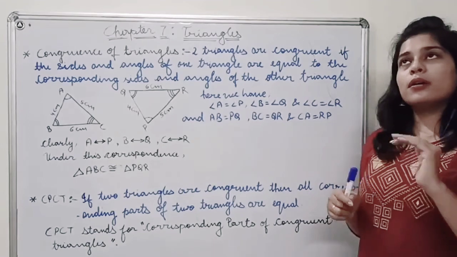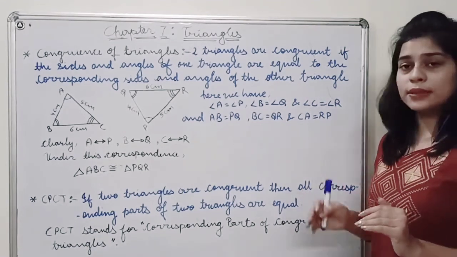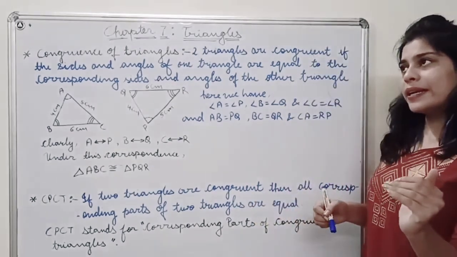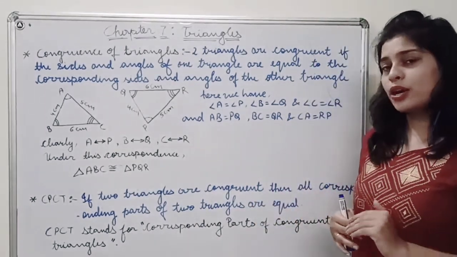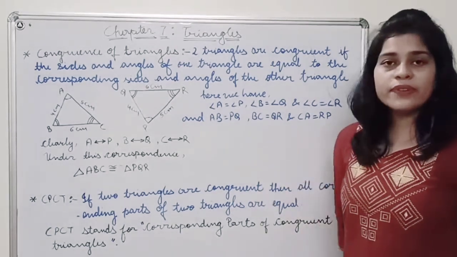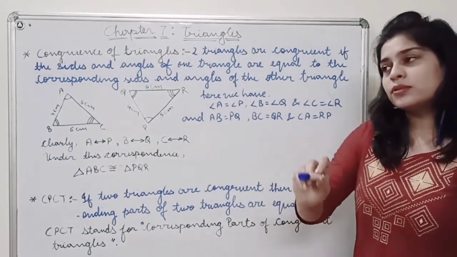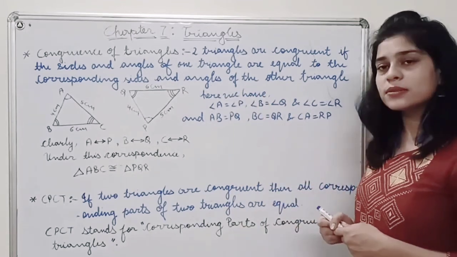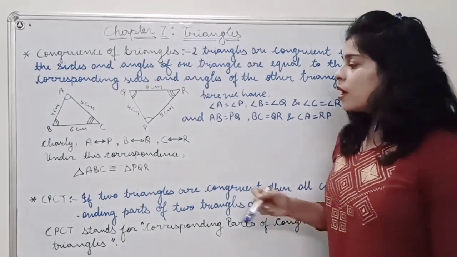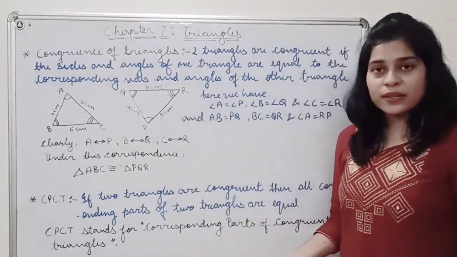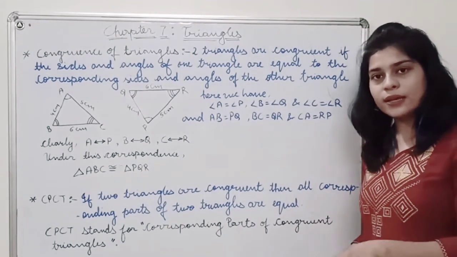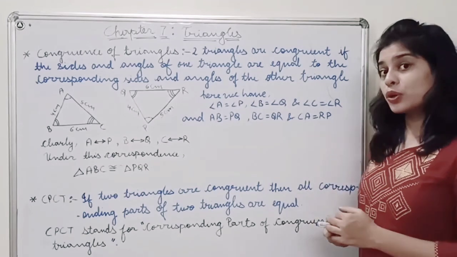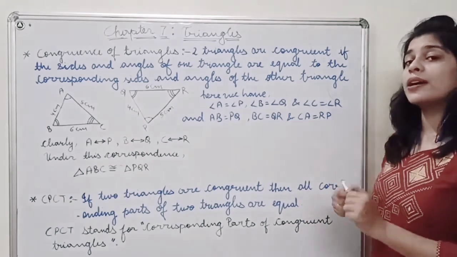So if two triangles are congruent, then all the corresponding parts will be equal. If under the criteria of SSS or side angle side the two triangles are congruent, then the 3 sides of the two triangles will be equal. If they are congruent under the SSS congruency criteria, then the remaining parts, all 3 angles, will also be equal.